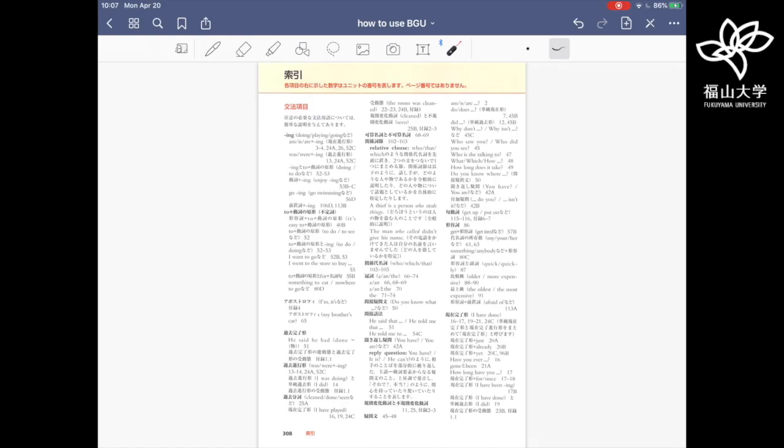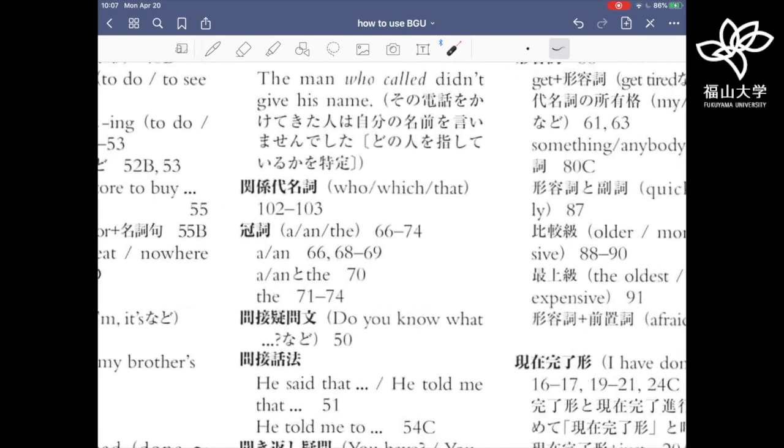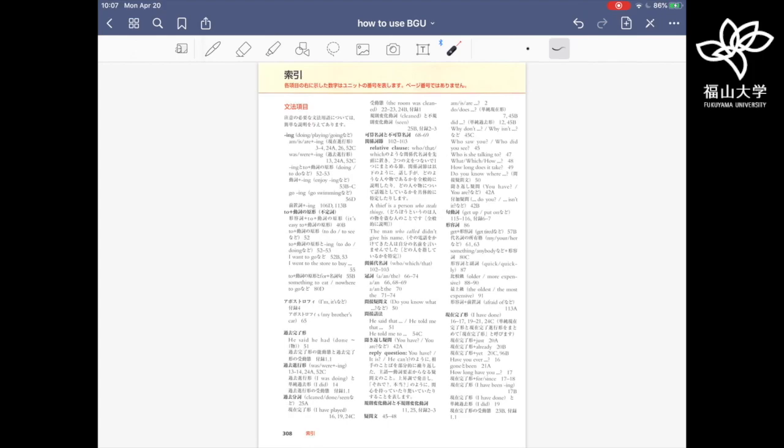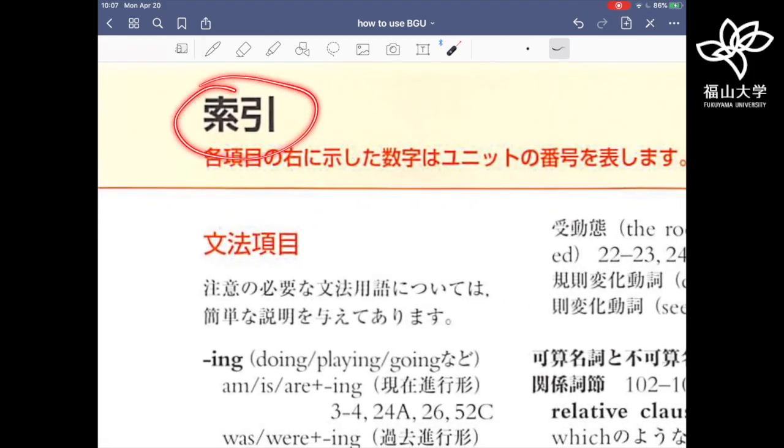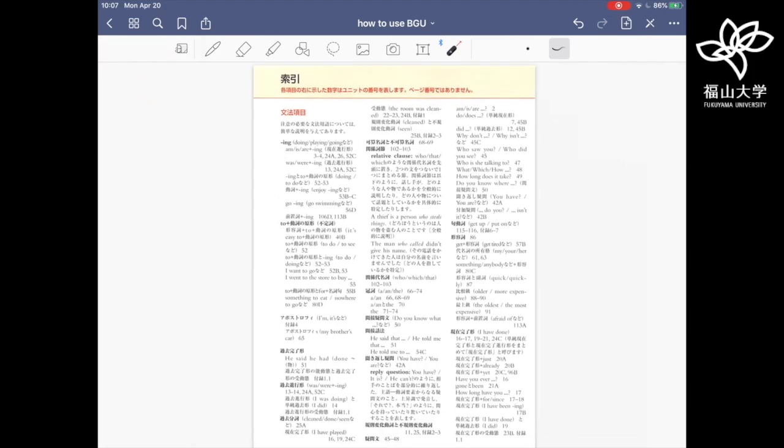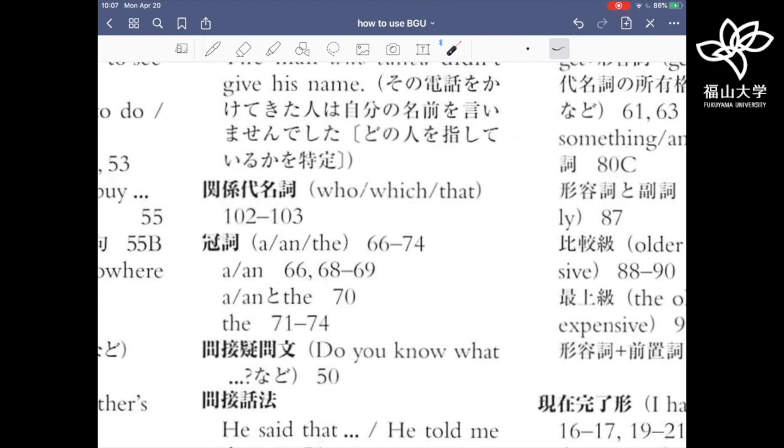And if you need to study more, you can always go to the back, go to the index. For example, if you need to look at words like and the, you can go to these units. Right? It will tell you all of them.